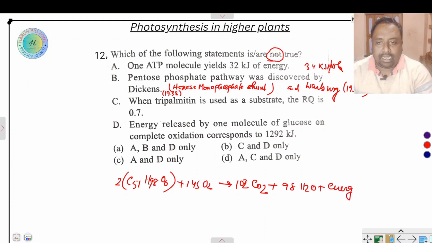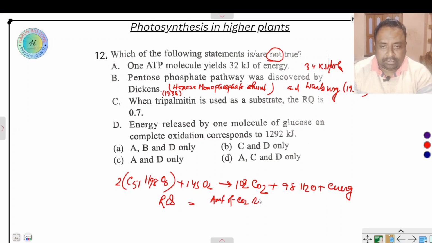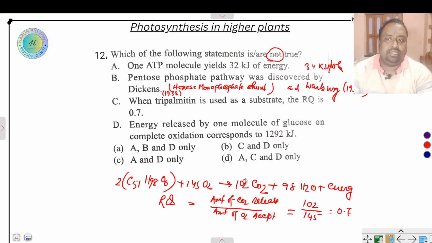So, here the RQ value is the amount of CO2 released over the amount of oxygen accepted. So, here the value is 102 by 145, that is 0.7. Okay, this is the correct right option.